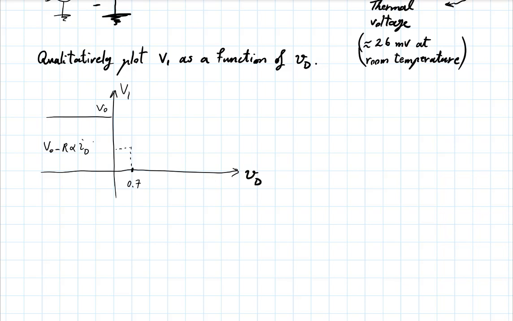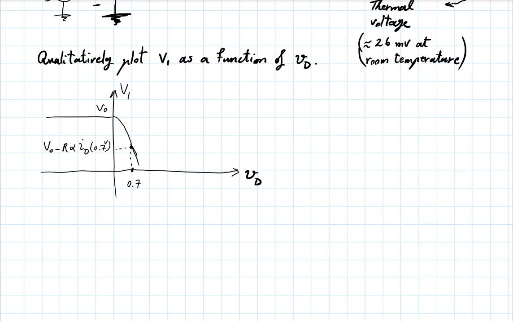And that's the ID at 0.7 volts of input. Okay? Now, you notice if this quantity, R alpha ID, is a substantial number, then this is a substantial drop from V0, right?